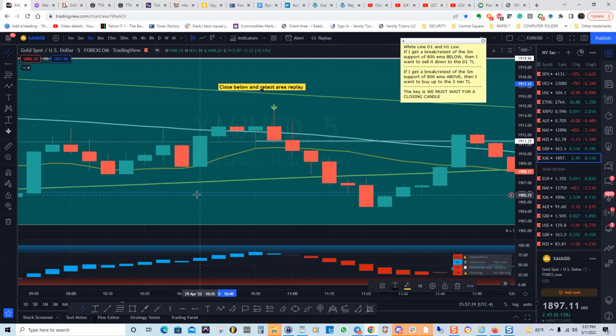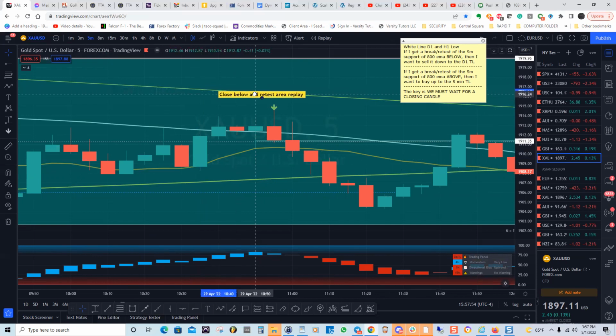Oh, okay, no worries. All right, I'm back. Sorry. No worries. Okay, so now we're going to go back, and here's the close below and retest area.